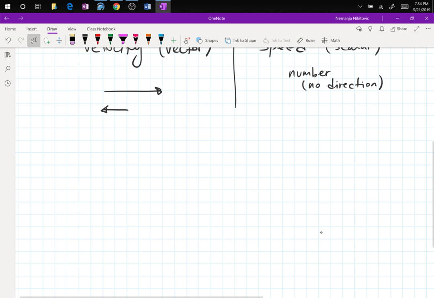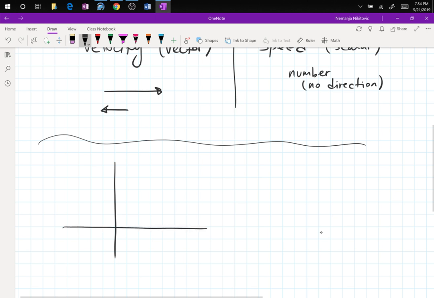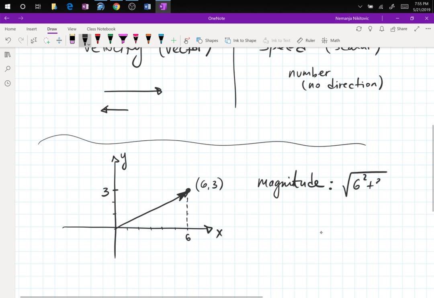So now, if I have a vector in the coordinate system that stretches from the origin to this point (6, 3), I can calculate the magnitude by using the Pythagorean theorem, 6 squared plus 3 squared.